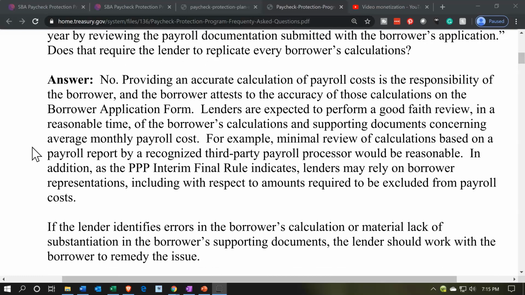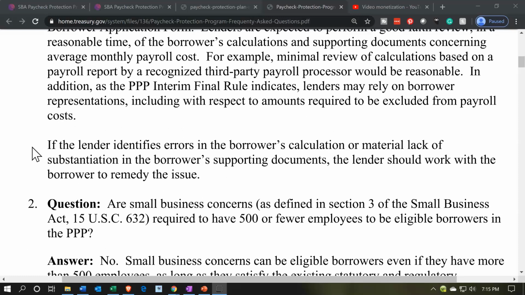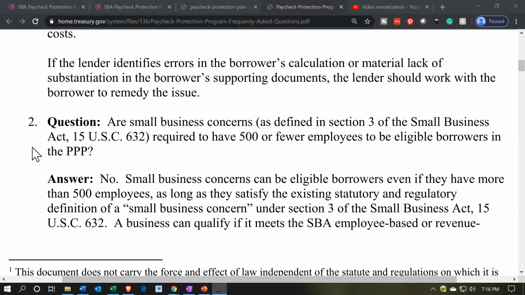In addition, as the PPP Interim Final Rule indicates, lenders may rely on borrower representations, including with respect to amounts required to be excluded from payroll costs. If the lender identifies errors in the borrower's calculation or material lack of substantiation of the borrower's supporting documents, the lender should work with the borrower to remedy the issue.